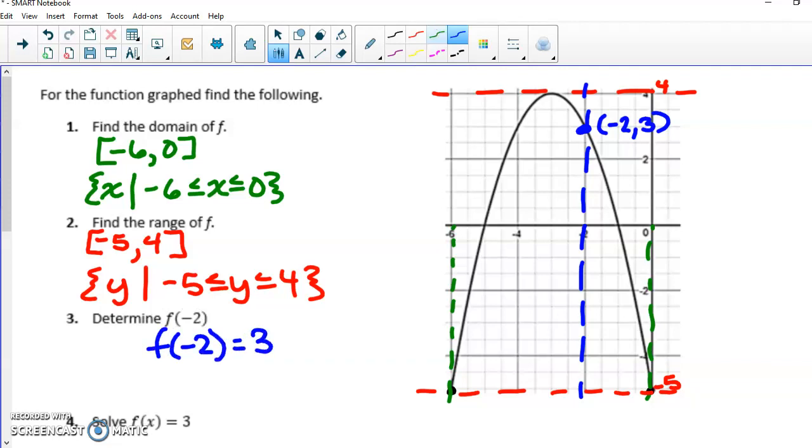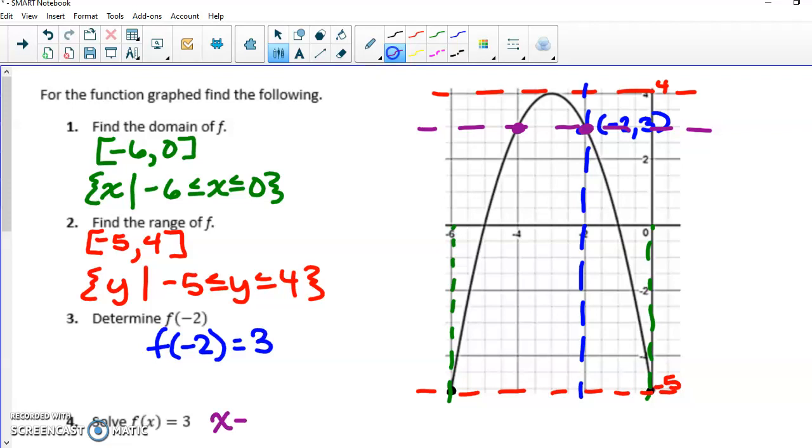Last thing here we have with this graph is to solve for f of x equals 3. So in this case, we are looking at what values of x make the function have an output of 3. So we are going to be looking at where y is equal to 3. And notice we have two x's for which we have an output of 3.